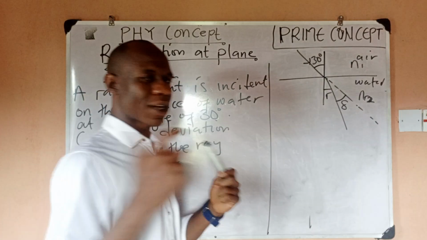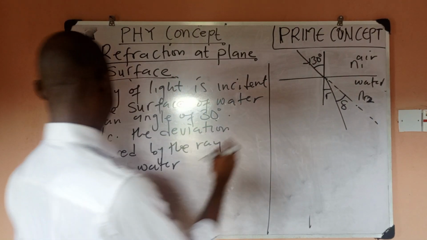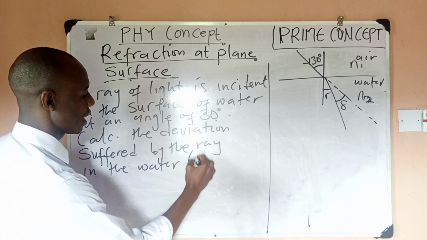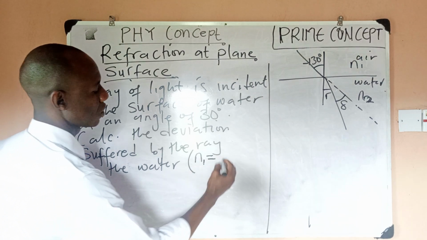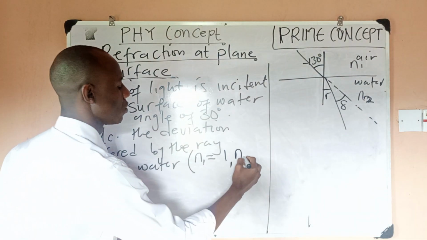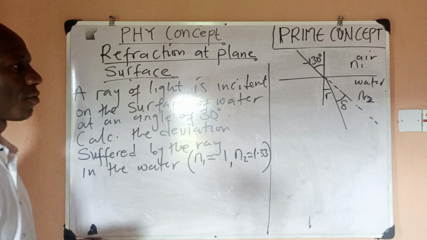Now, according to what I gave you in Snell's law, the refractive index N1 is actually equal to 1. That's the refractive index of air. Then N2 is 1.33, refractive index of water.